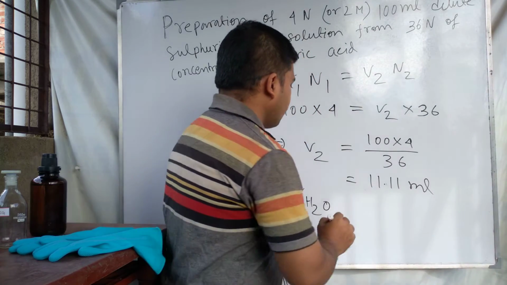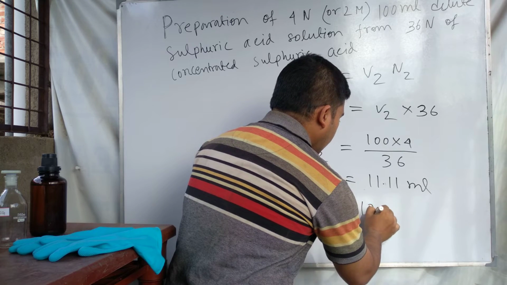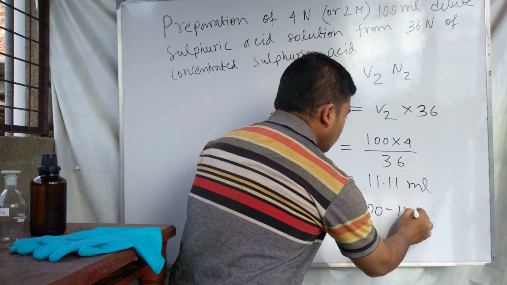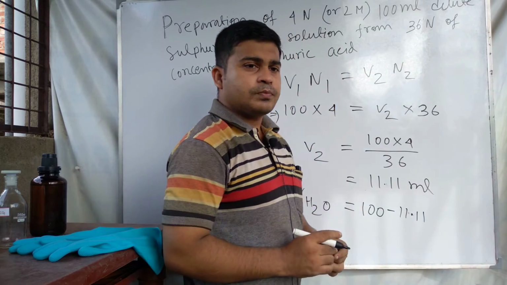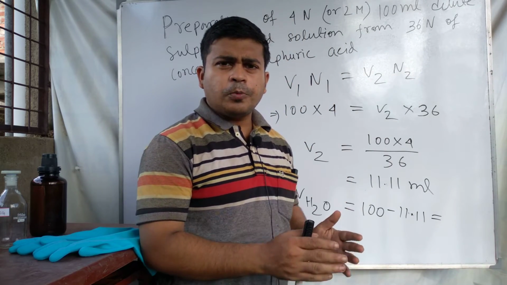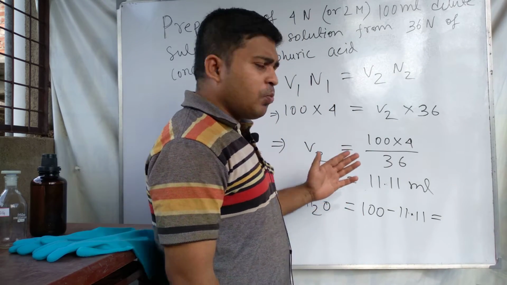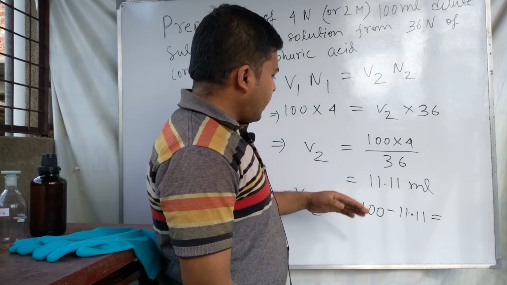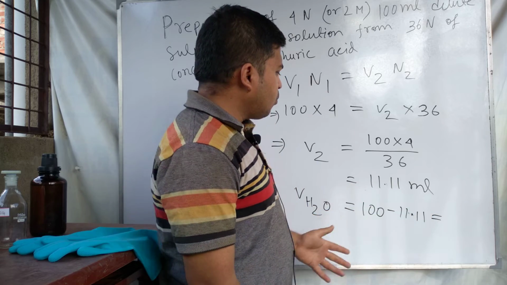So we can find the volume of concentrated sulfuric acid required and the volume of water from this calculation.